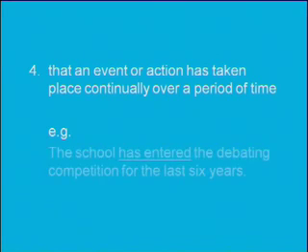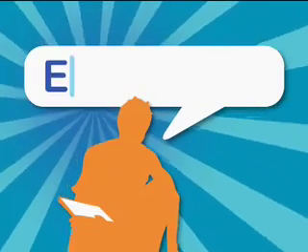For example, the school has entered the debating competition for the last 6 years. And it tells us there that they've entered for the last 6 years and presumably they are still continuing to enter that competition year after year.